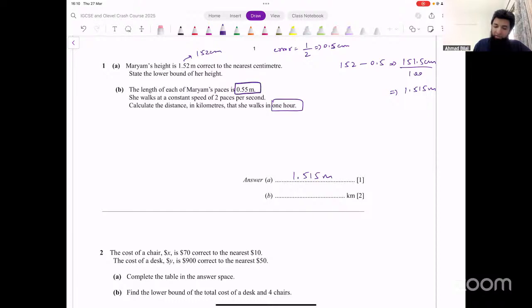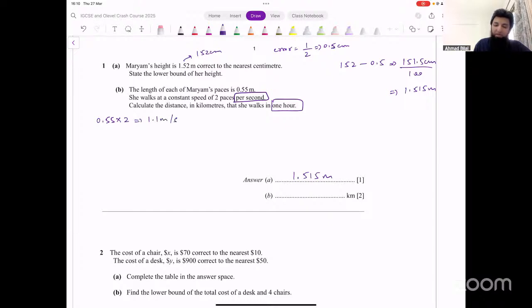0.55 meters, that's the length of 1 pace. What's 2 paces? 2 times this. So in every second, what she is doing is she is traveling 0.55 times 2, which gives you 1.1 meters per second.